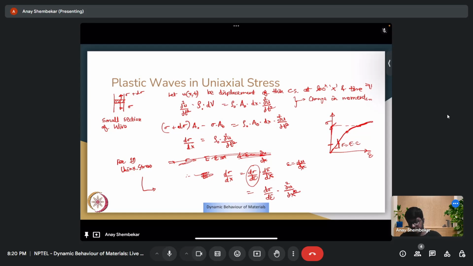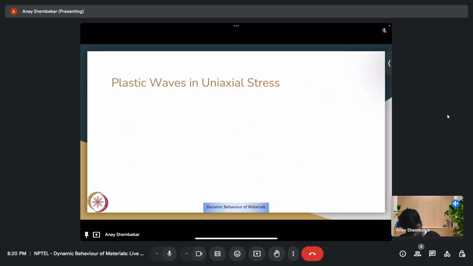Combining this, you essentially end up with rho naught dou square u by dou t square is d sigma by d epsilon dou square u by dou x square.